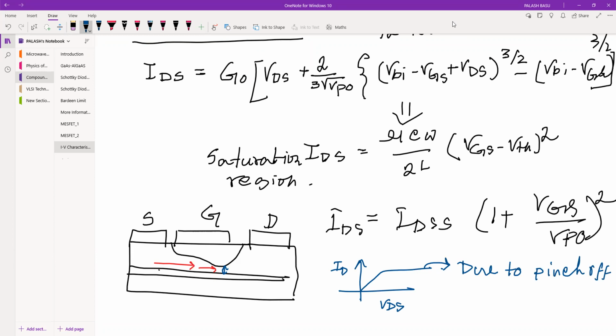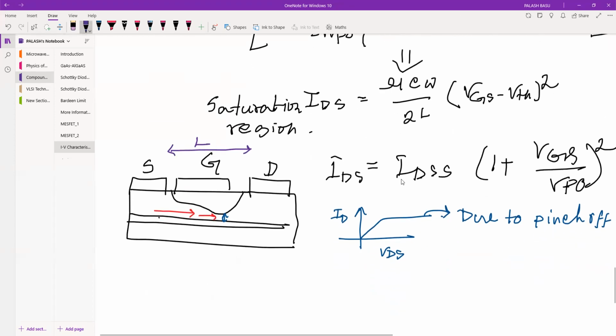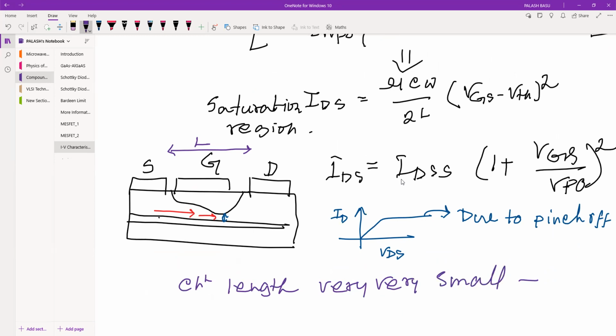Now there is another way to get this saturation current, and in this case the idea was a little bit different. You have something called L, that is the channel length. If this channel length is very small, what will happen?